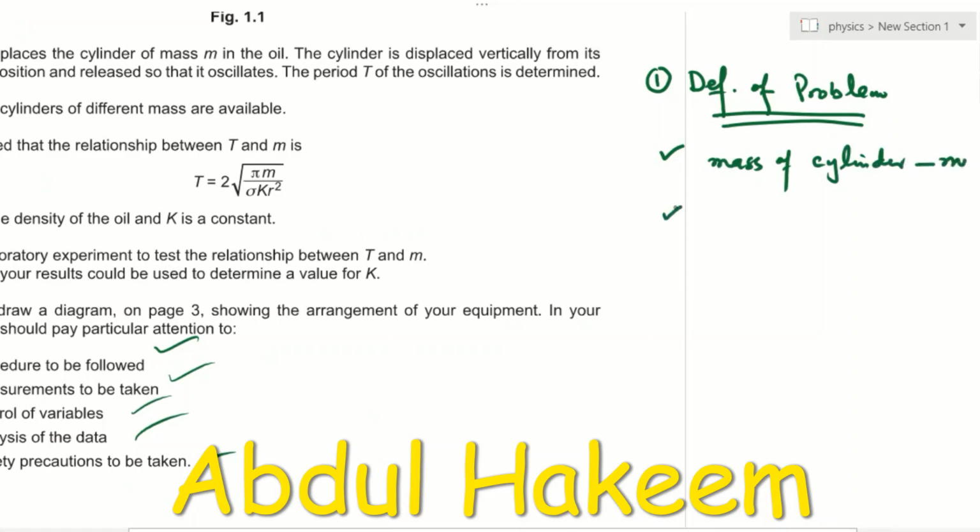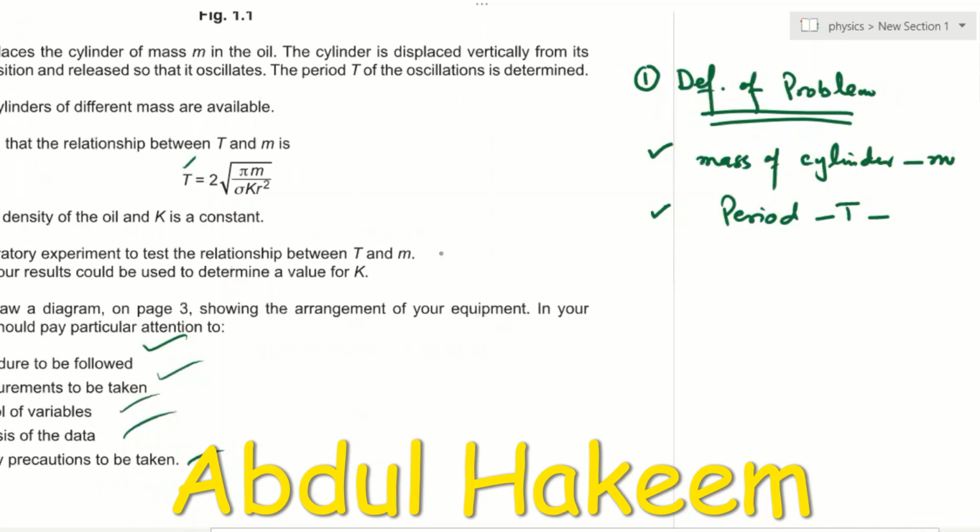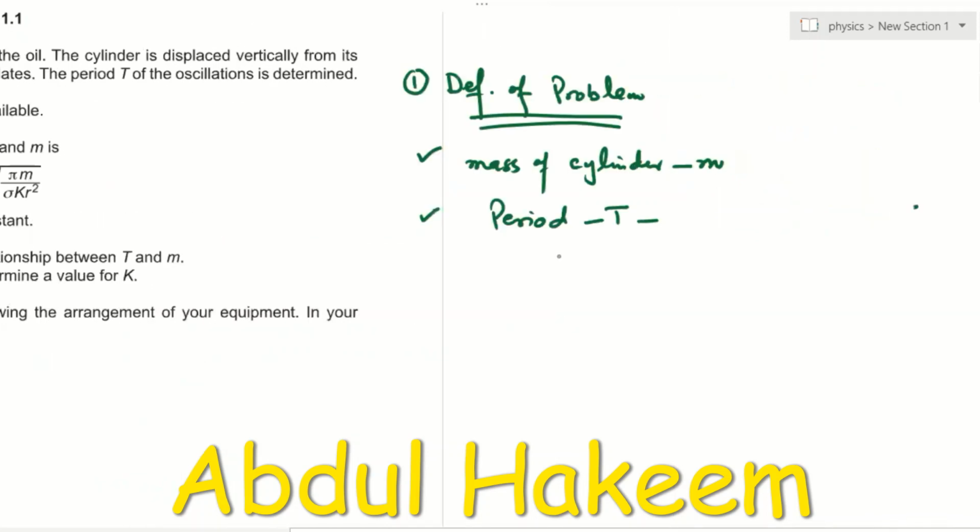And the dependent variable is the depending quantity, which is the period. So the time period T is the dependent variable and this is the independent variable. First of all, we have to mention these two.